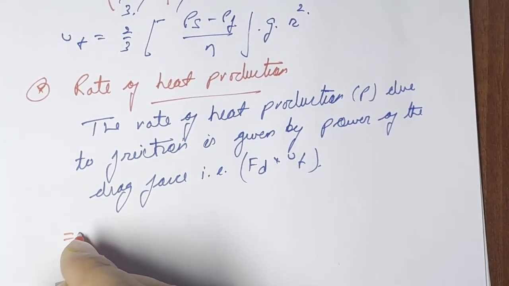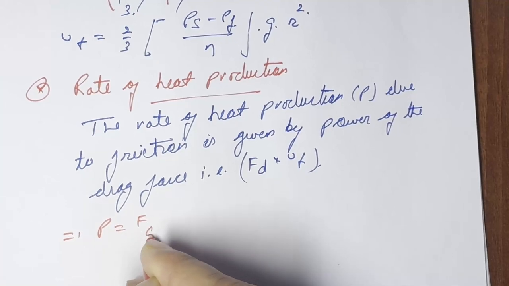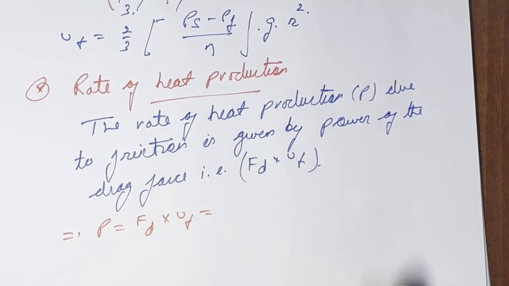So from here we can write that our P is equal to Fd multiplied by Vt.